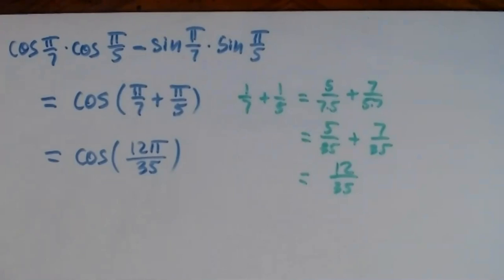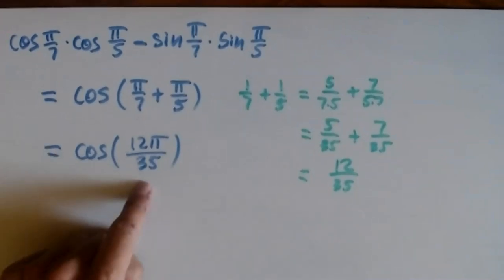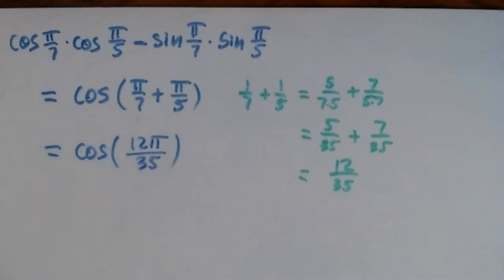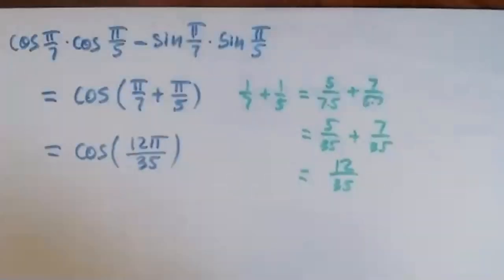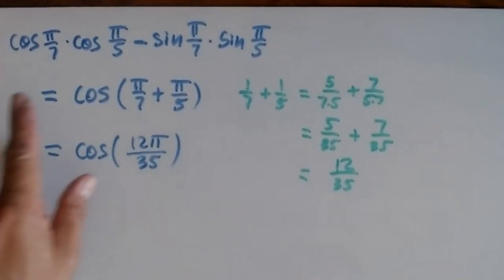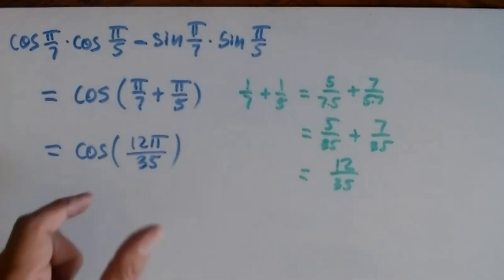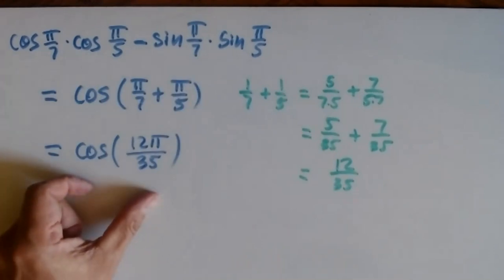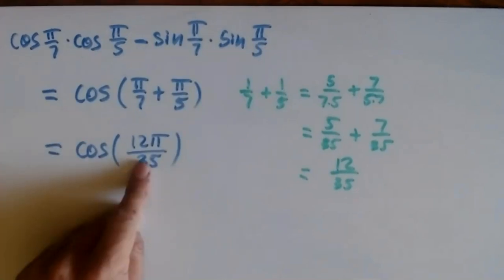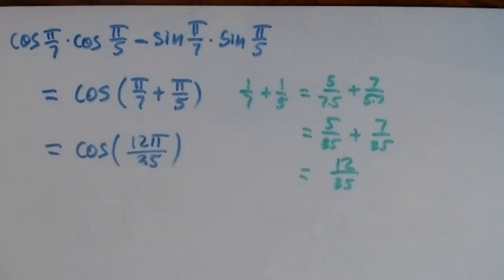This one is not necessarily in your unit circle table. It's a fraction, and you don't have that angle there, but this is the solution. You simplify this long thing to this short value, and if we need a number, we use a calculator.